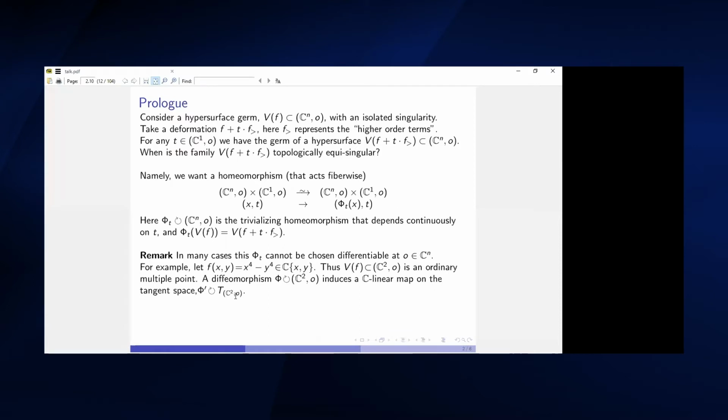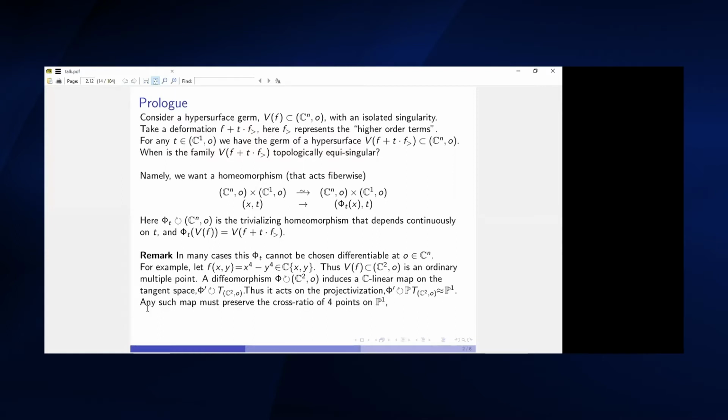Now, a diffeomorphism of the plane germ must induce a C-linear map on the tangent space, by the complex derivative. And then this linear map will act also on the projectivization, which is P1.